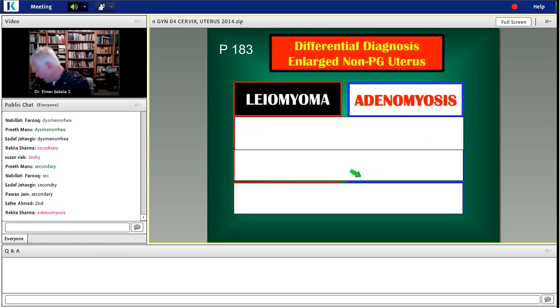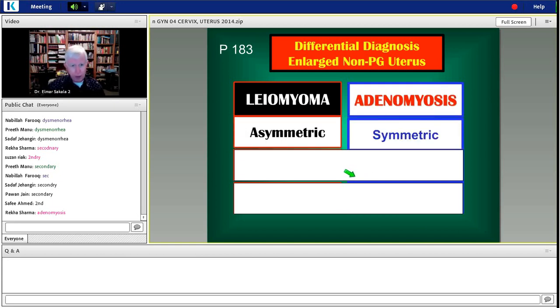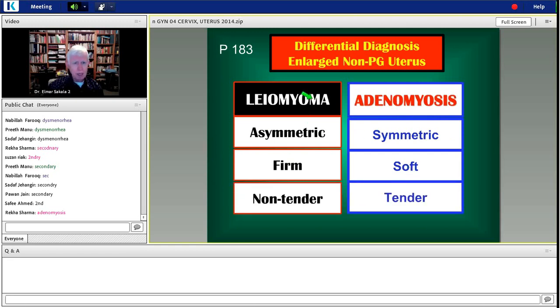So on page 183, I have given you this comparison of leiomyomas and adenomyosis. Leiomyomas are asymmetric because of the subserosal fibroids. Adenomyosis is symmetric. Leiomyoma is firm. Adenomyosis is soft. Leiomyoma is non-tender.